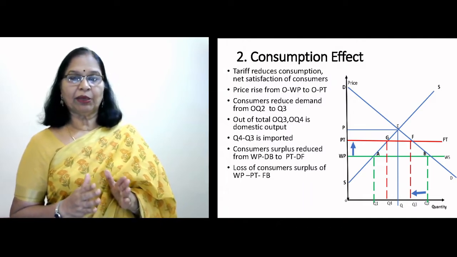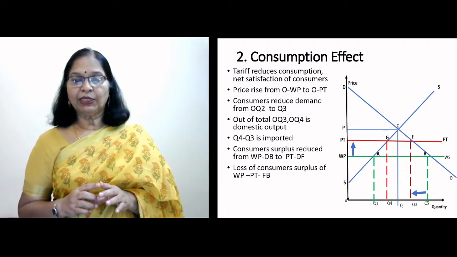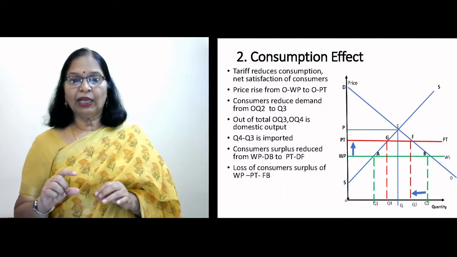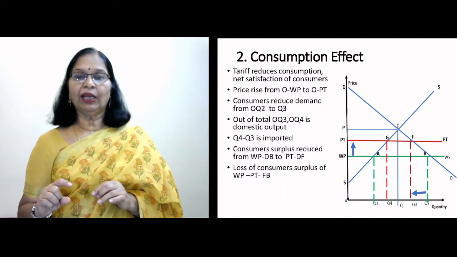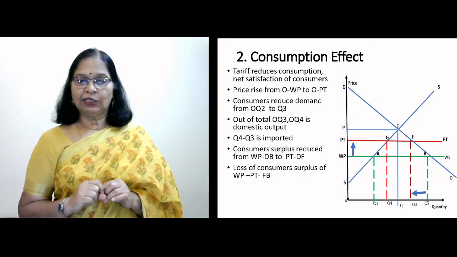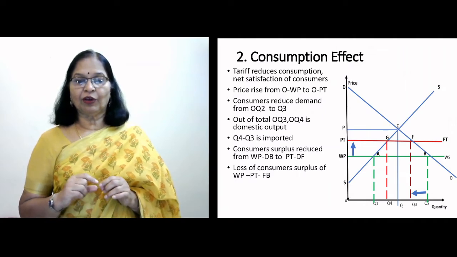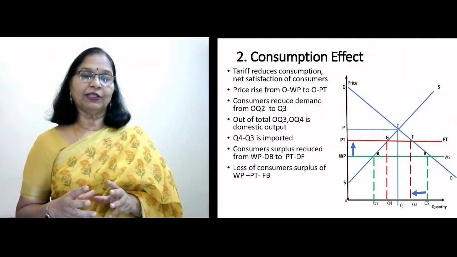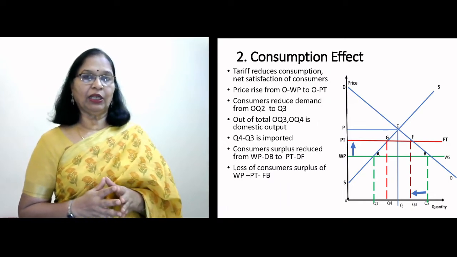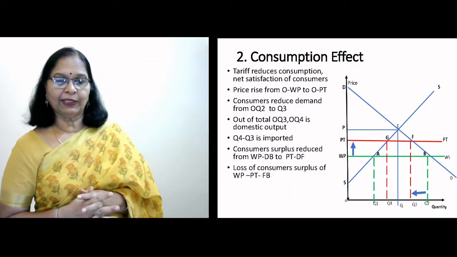So there is a loss of consumer surplus of the amount PTFBWP. So the gap between the red line and the green line is a loss for the consumers in terms of consumer surplus. And yet we say that part of their consumption is taken from the imported goods, but the other part of what their demands are met by the domestic production that has taken place.